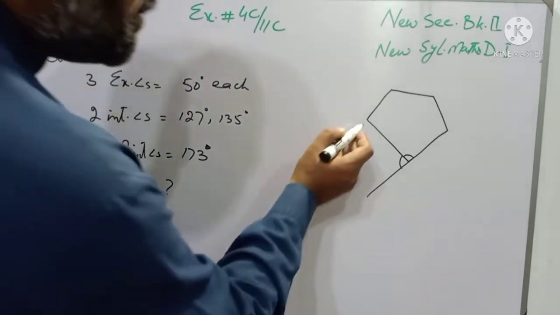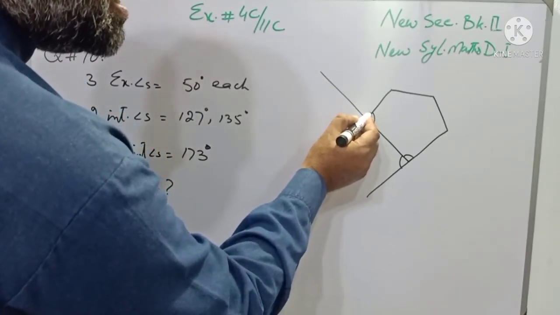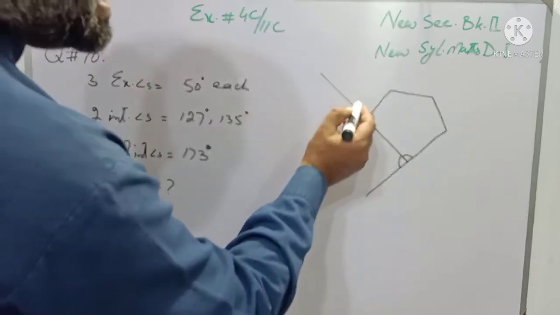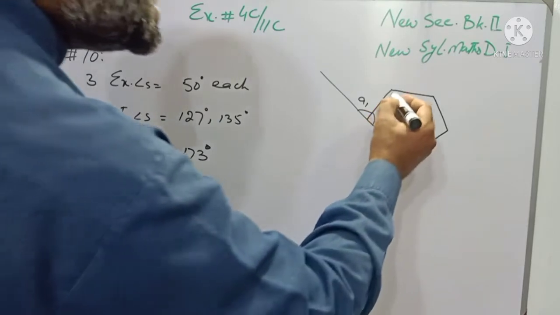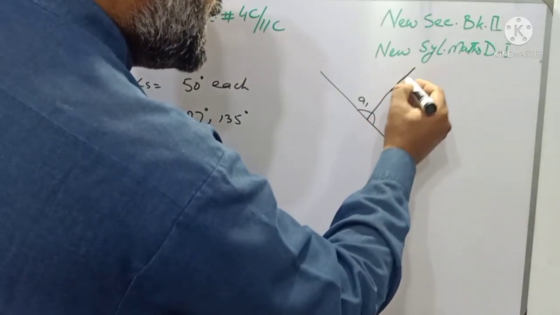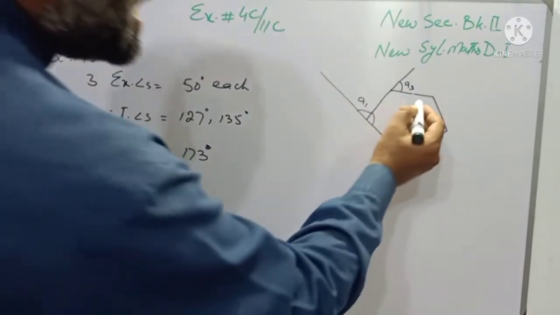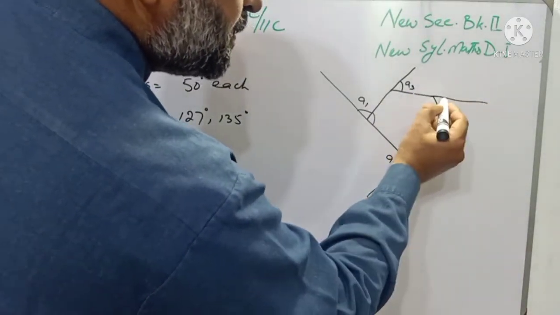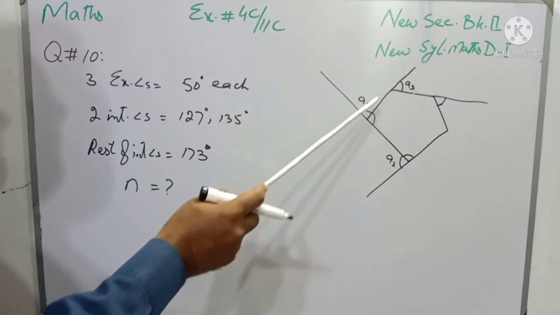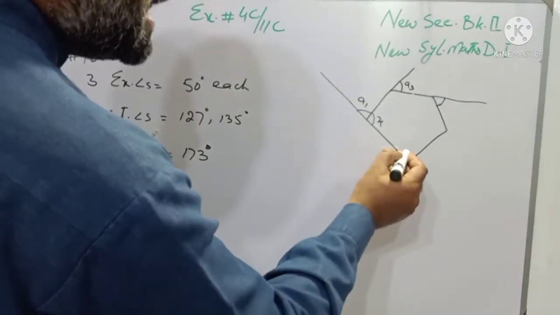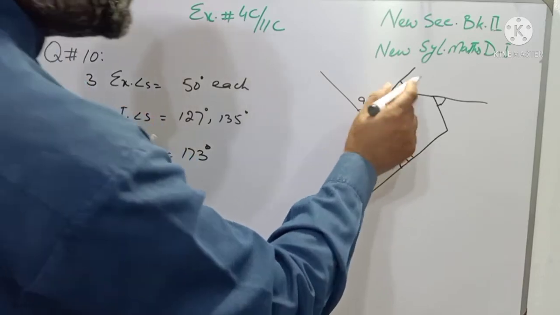In the same way, if I produce this side, this angle is an interior angle and this is an exterior angle, and the other produced sides also give exterior angles. So the sum of an interior and exterior angle is always 180 degrees.